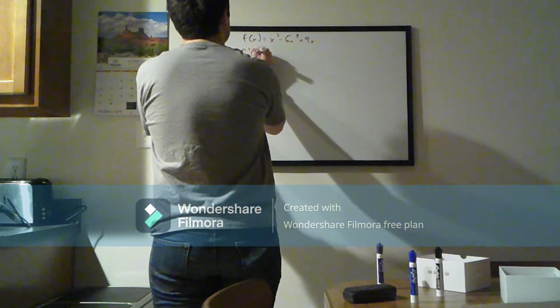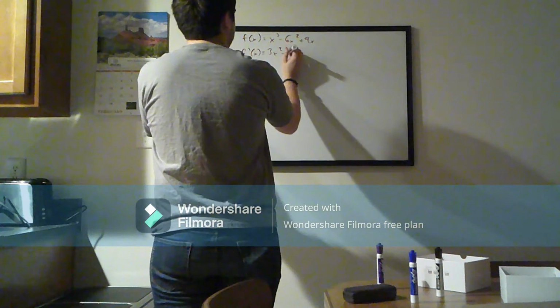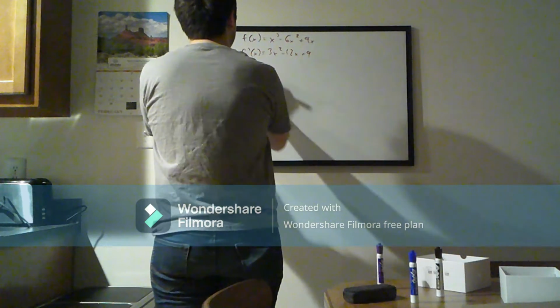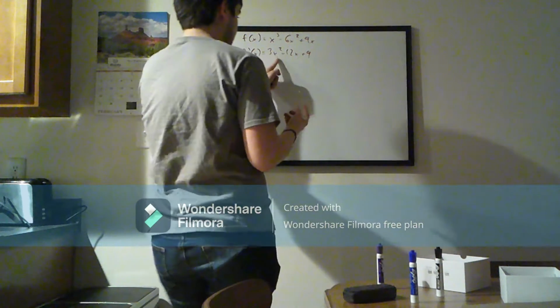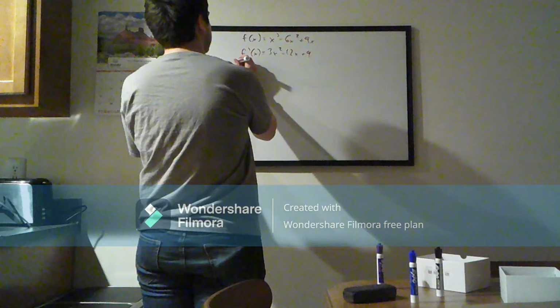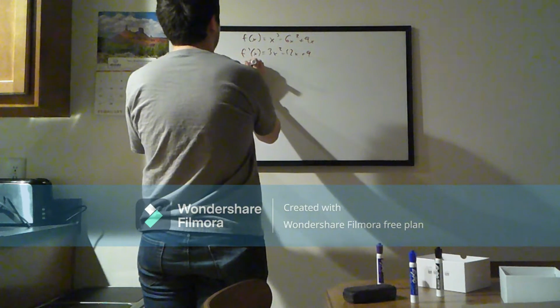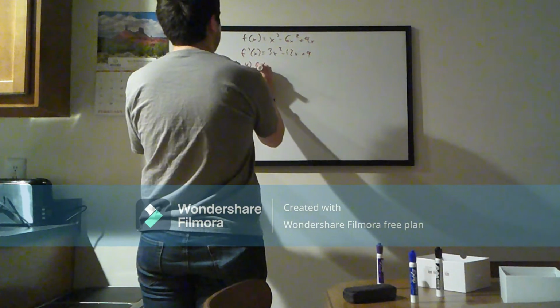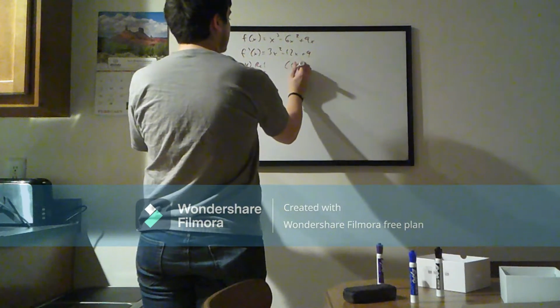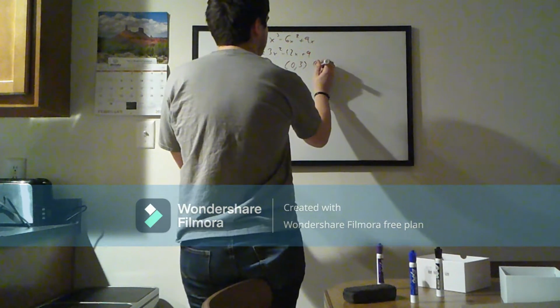F prime of x is going to be 3x squared minus 12x plus 9, right? And so we learn from here, doing either the first or second derivative test, that (1, 4) is a relative max, and (3, 0) is a relative min.